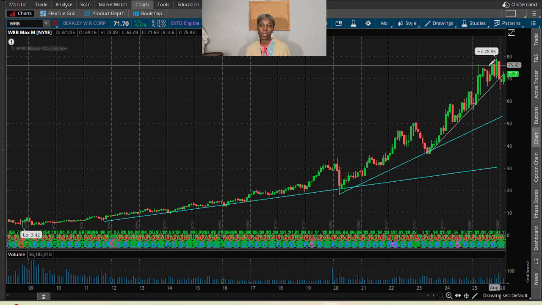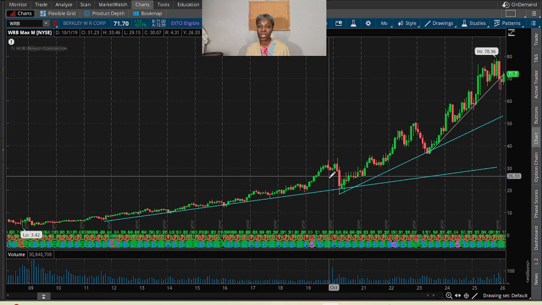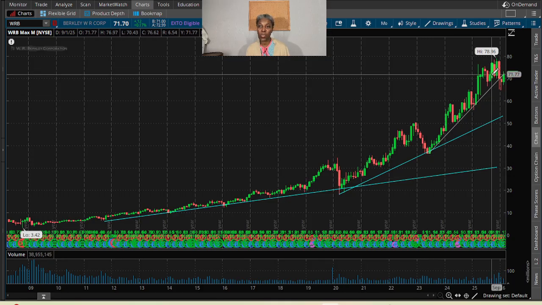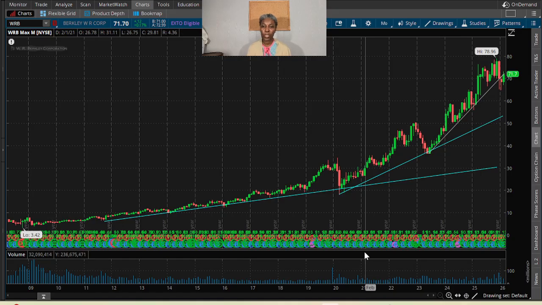So maybe it's done with that cycle. If it's going to repeat this cycle here, maybe it's done with it and it's on its way down. I'm not entirely sure. We are going to continue observing it to see. Until then, we are not entering this trade.